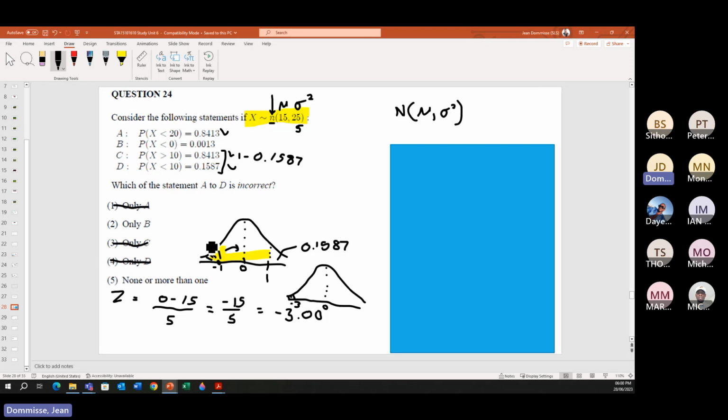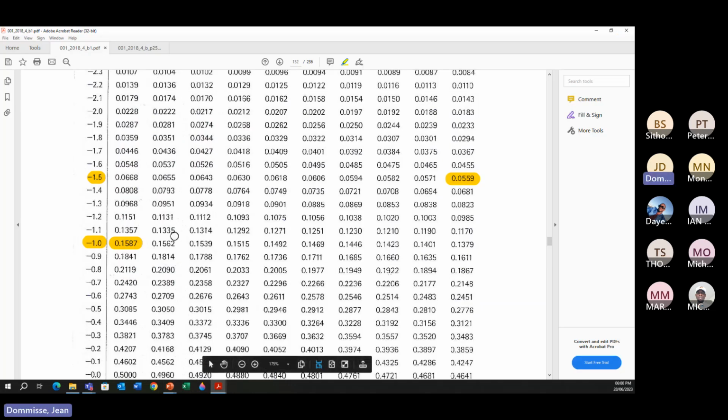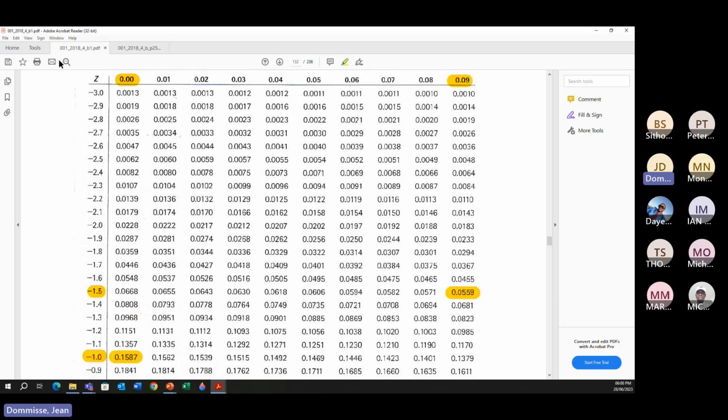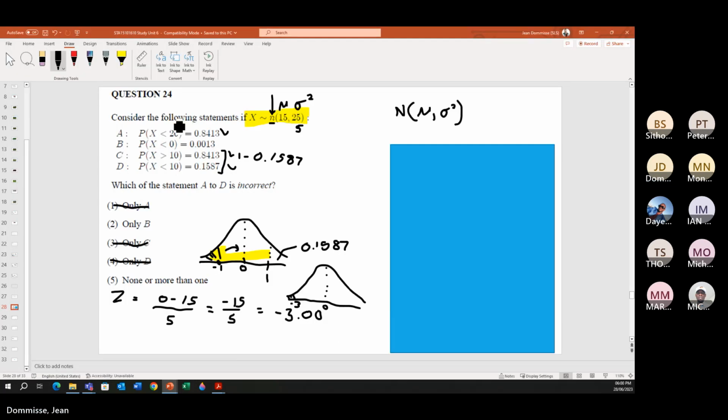So if we look at the table, we need to look at minus 3, so minus 3.00. That is 0.0013. 0.0013, which is also correct.